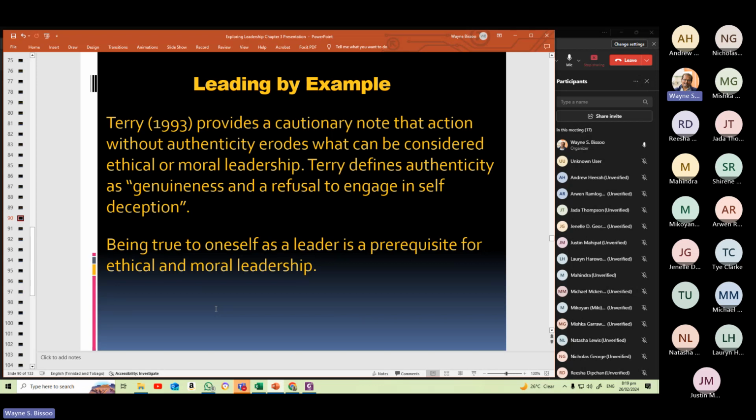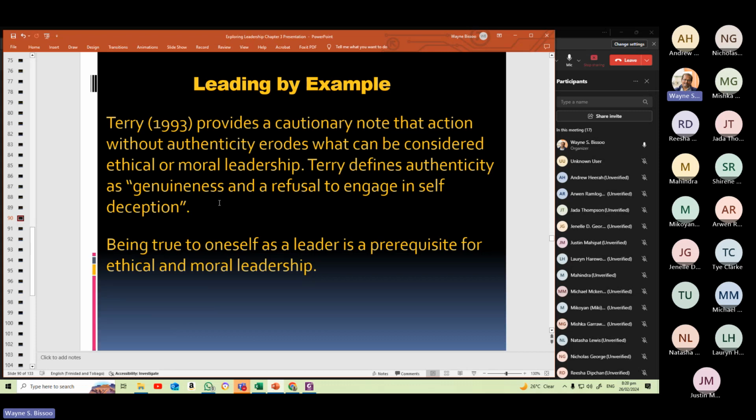So, something borrowed from the authentic model. What can be considered ethical or moral without authenticity? Terry defines authenticity as genuineness and refusal to engage in self-deception. So action without authenticity erodes, right?